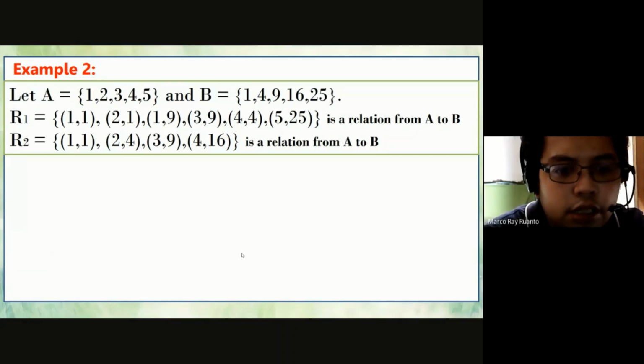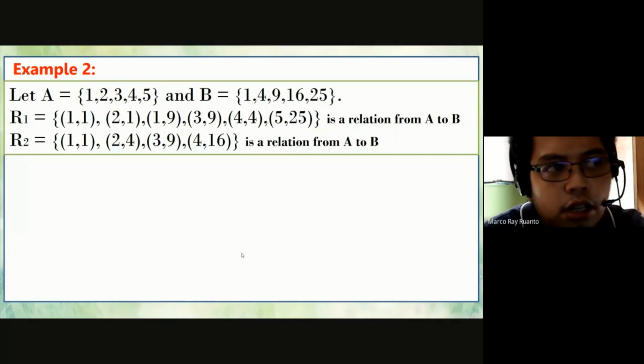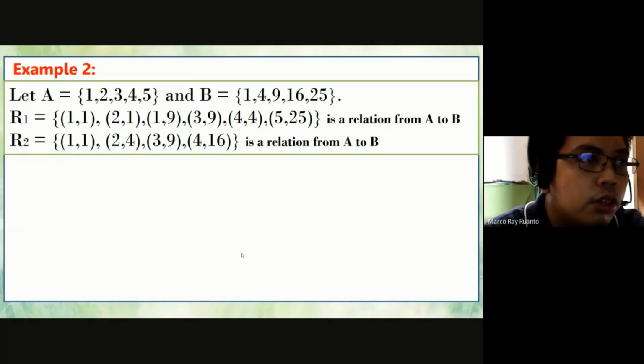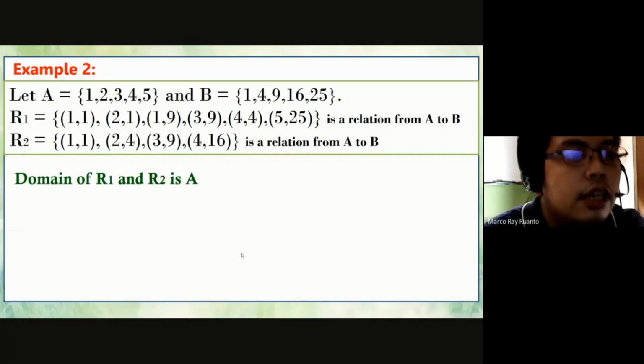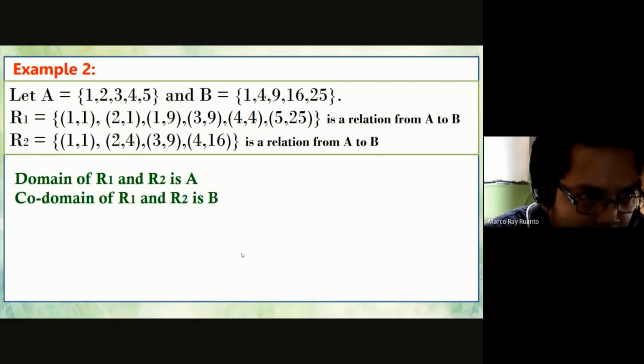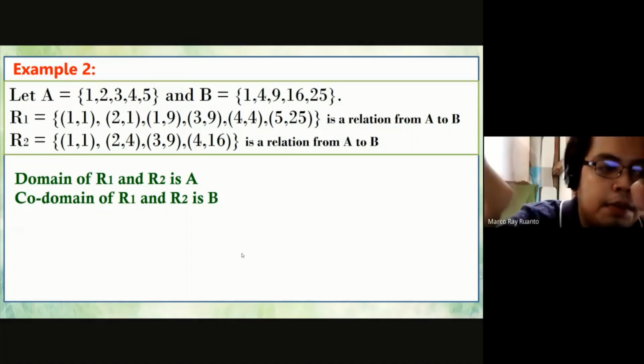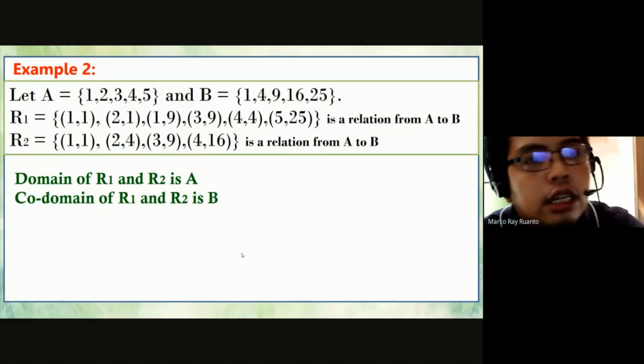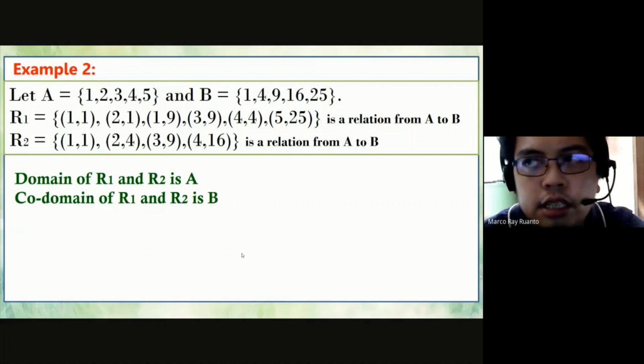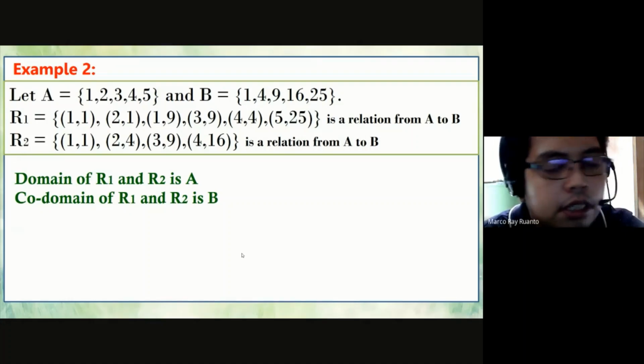Again, all first elements we call our domain. So for this relation, our domain is A. Then the codomain is set B, because those are the elements found in the second element of the ordered pairs.